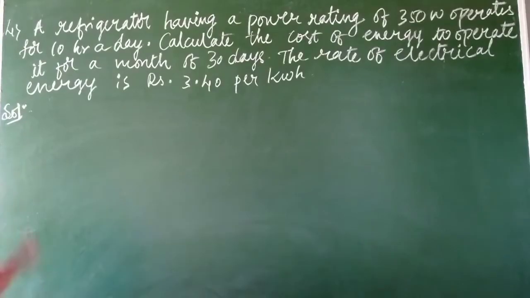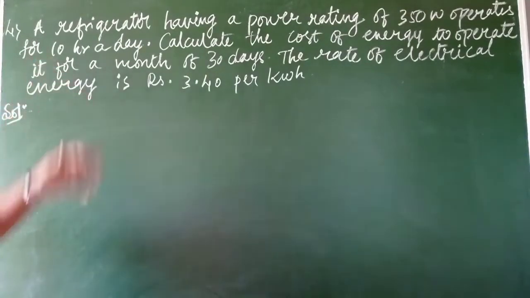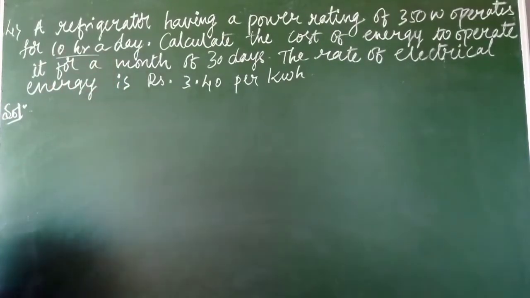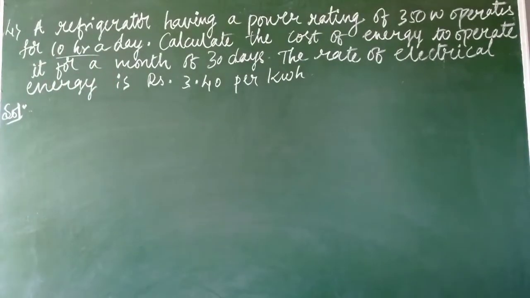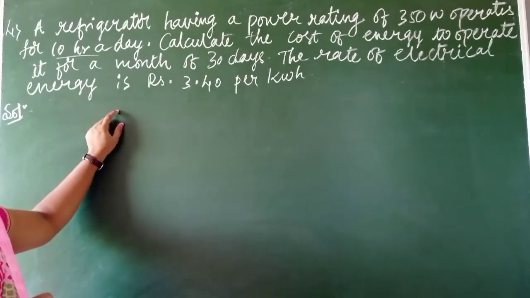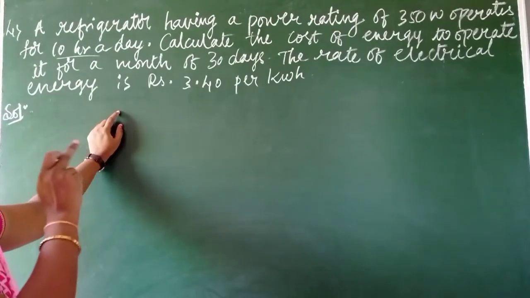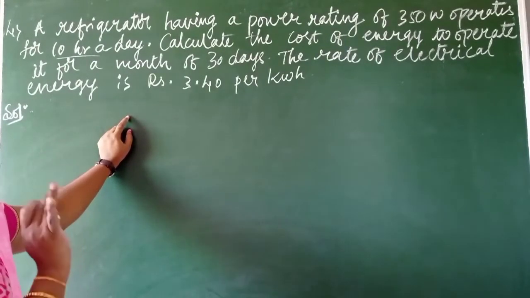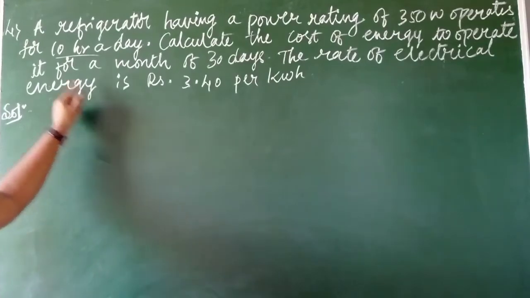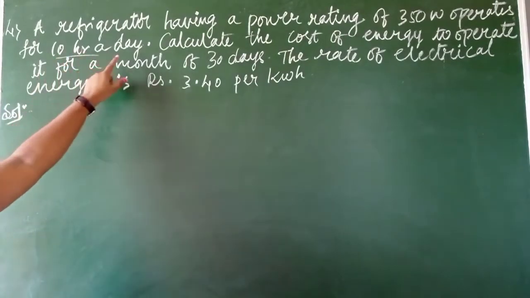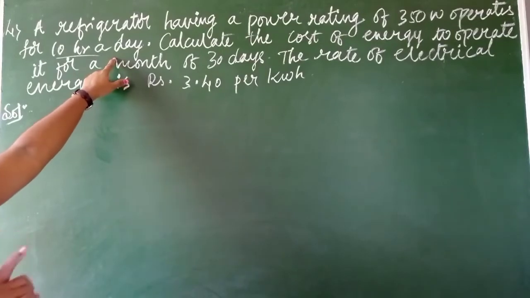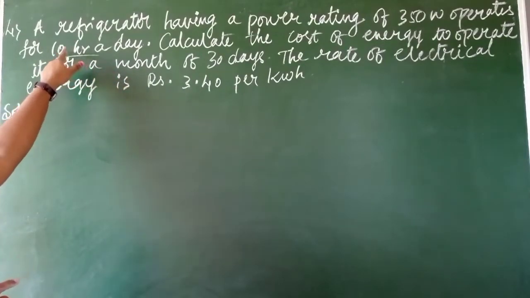Now the question comes: a refrigerator having a power rating of 350 watts operates for 10 hours a day. Calculate the cost of energy to operate it for 30 days, if the rate of electrical energy is rupees 3.40 per kilowatt hour. So children, after reading this question, we come to know that the power is given in terms of watts, and the duration is given as 10 hours per day, meaning in a single day it is working 10 hours.